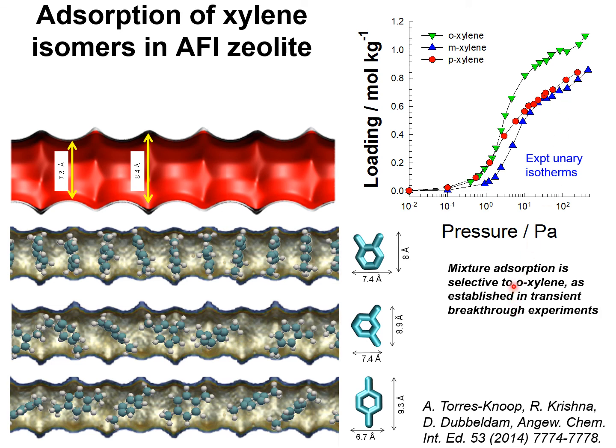Therefore, mixture adsorption is selective to ortho-xylene, and this has been established in experimental data on transient breakthroughs. So it's possible to separate the xylene isomers using AFI zeolite, but the adsorption is ortho-selective.